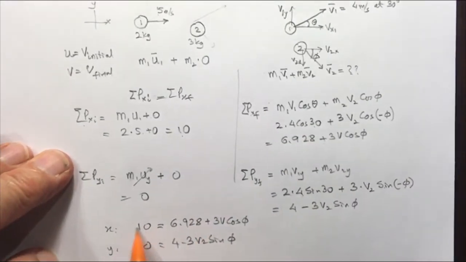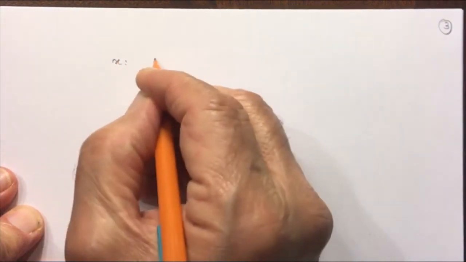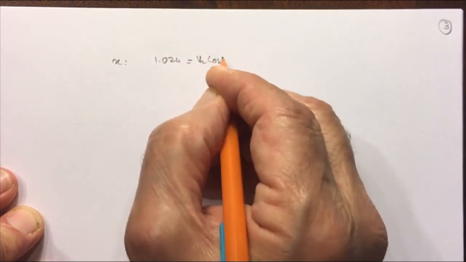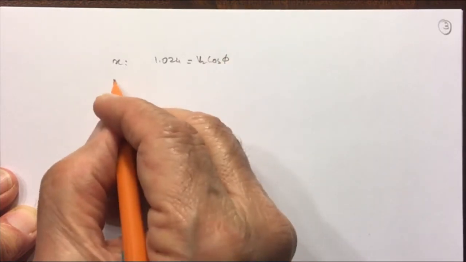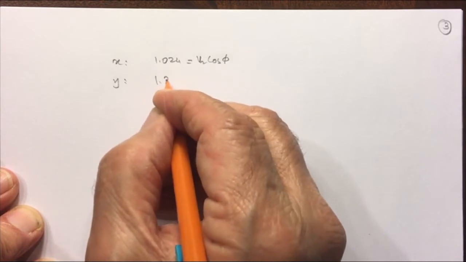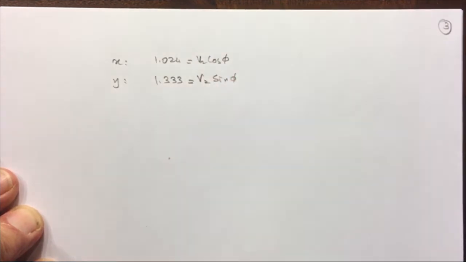So we bring this to the other side, we subtract it, and we do the same thing here. And we get, from the first equation, 1.024 equals v2 cosine of phi, and from the y equation we get 1.333 equals v2 sine phi.